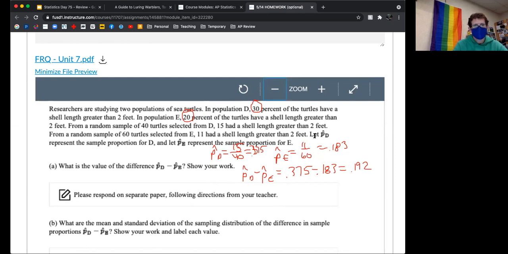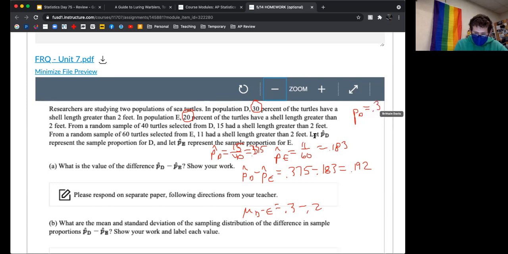So the mean of D minus E will be 0.3 minus 0.2, because in population D, p sub D is 0.3.